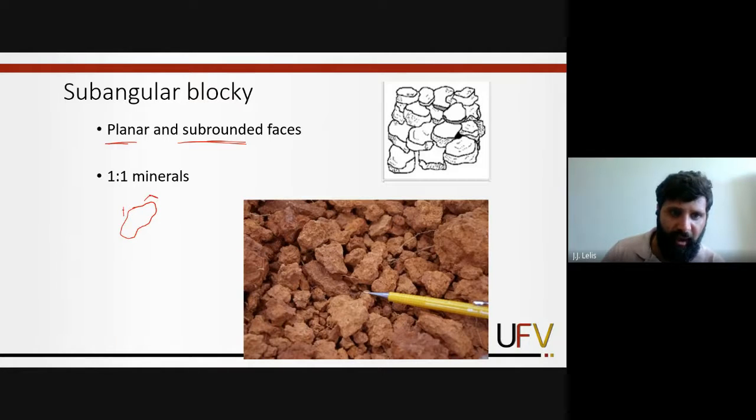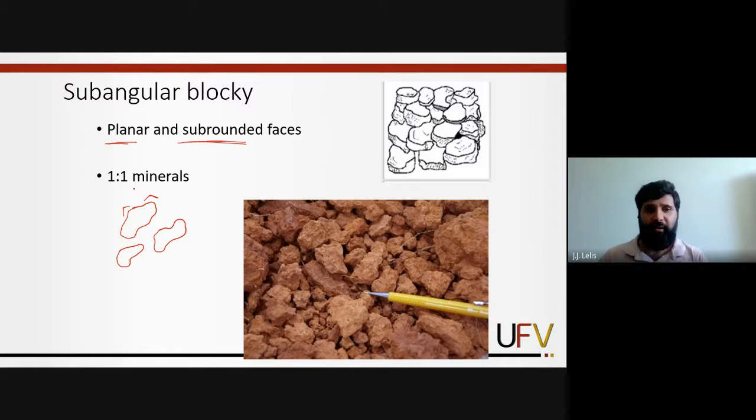I just see materials like this and this, very irregular materials. And these kinds of pads are very common in materials that have 1:1 minerals, like kaolinite, but I also can find some oxides like goethite, hematite, and others, okay?